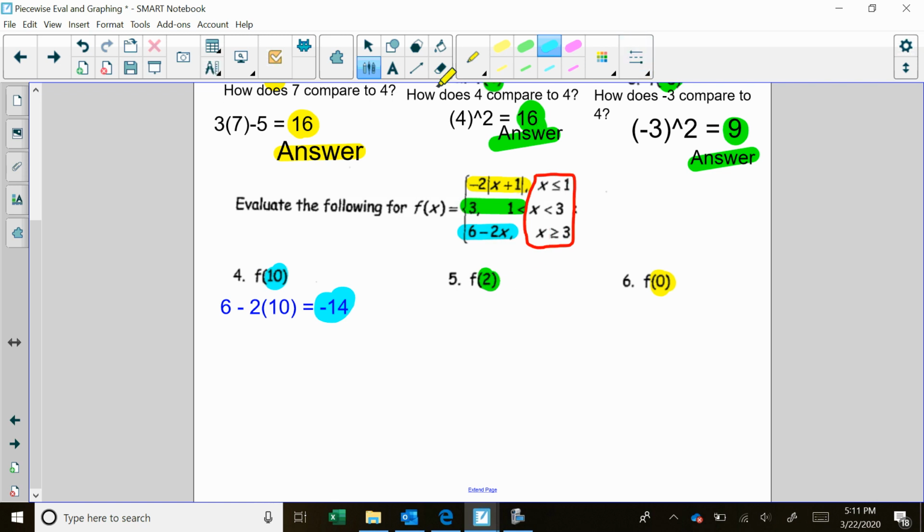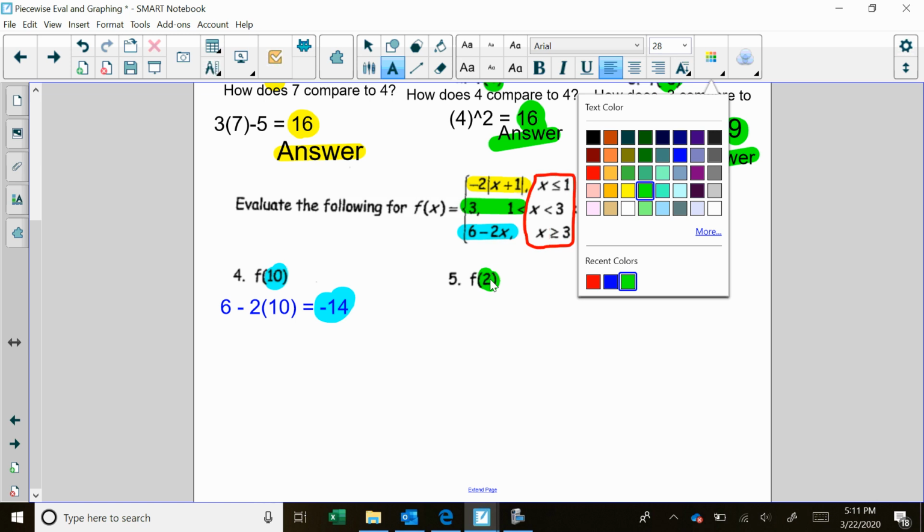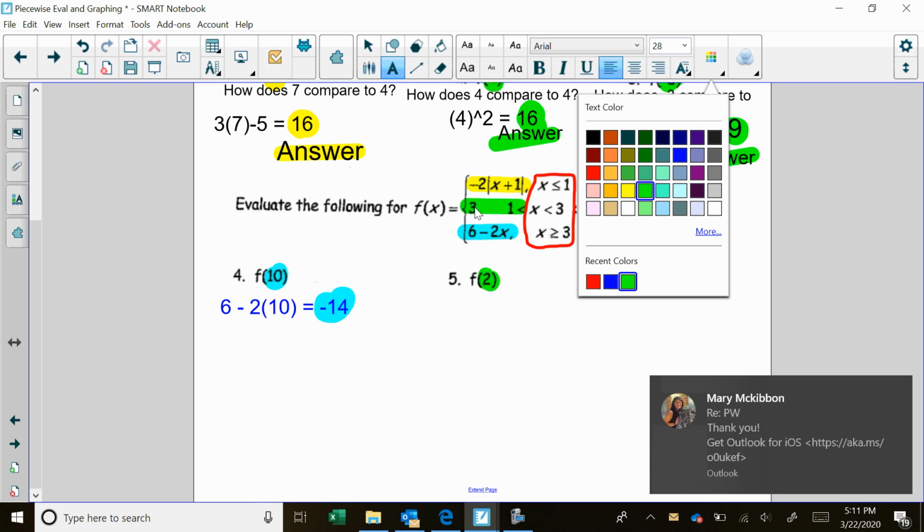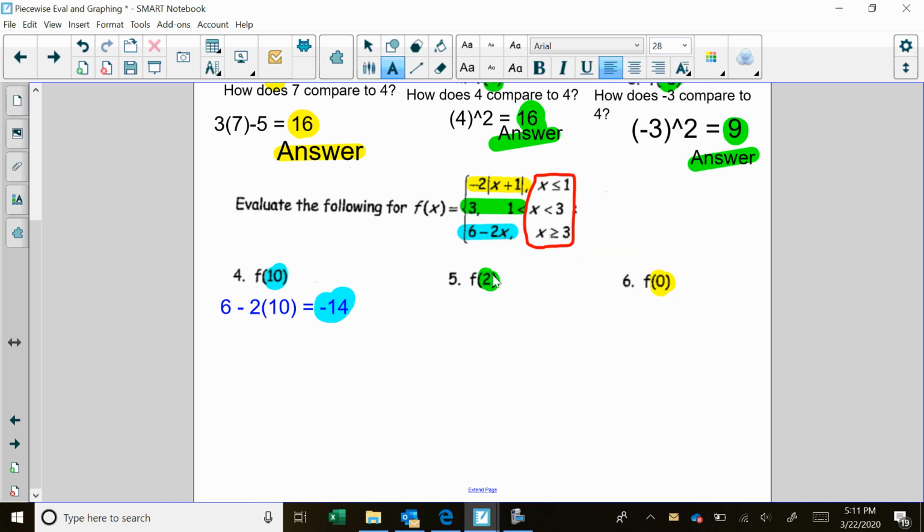In the middle, 2. We're going to plug 2 into this. Oh, wait, there's no x. How can you plug 2 into a 3? You can't. So we take the 2 and we say, well, you can't plug it in there.